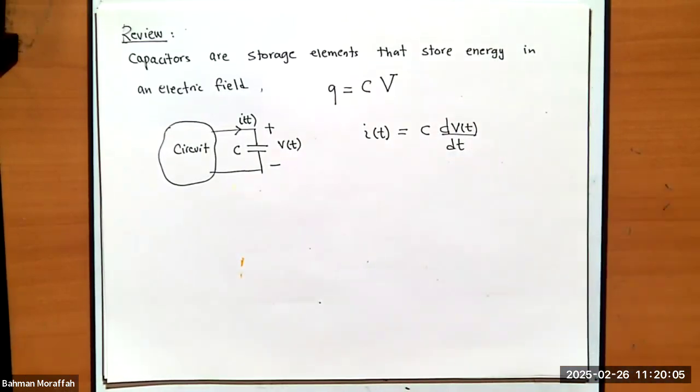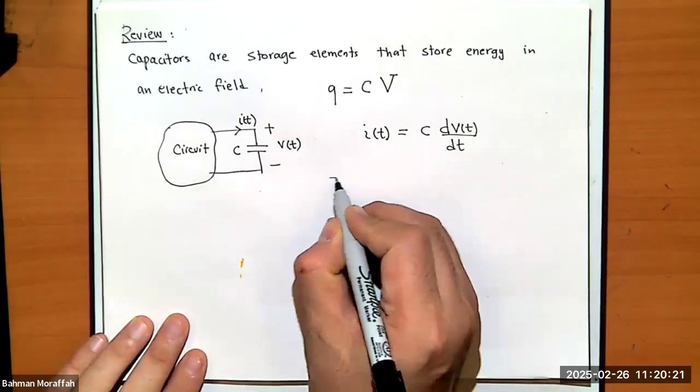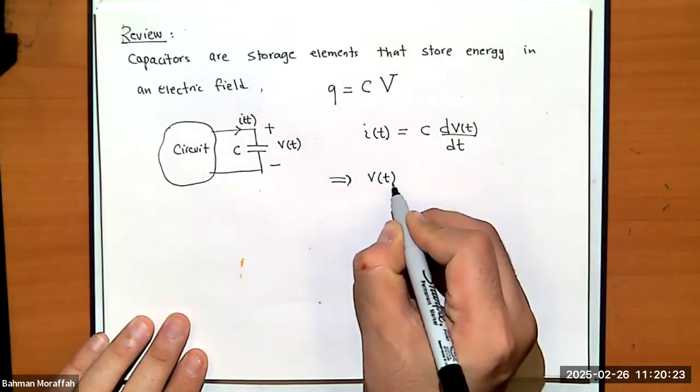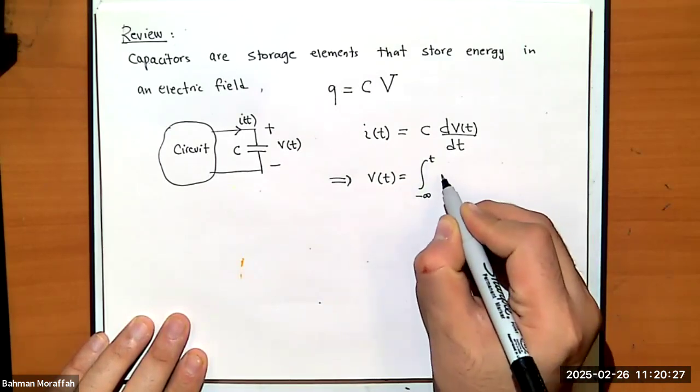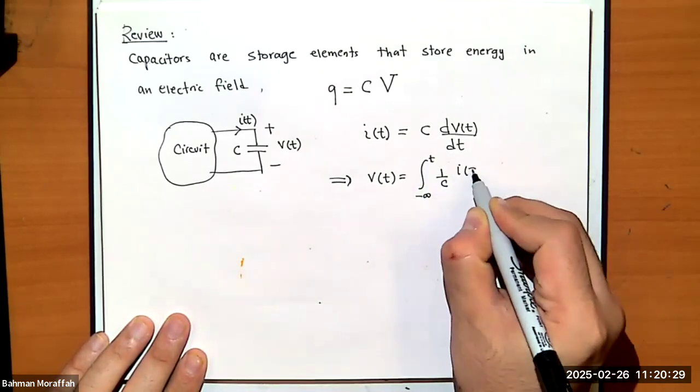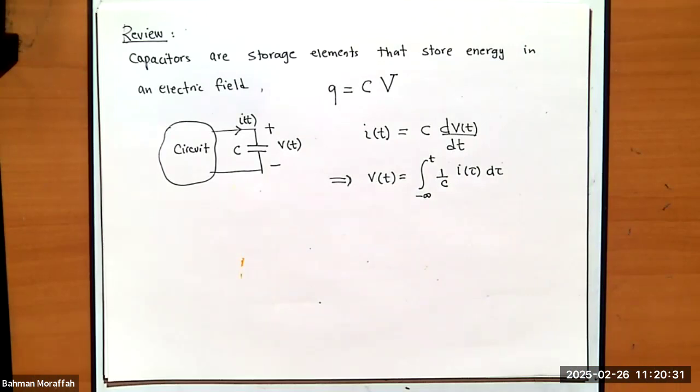So the relationship between I and V is through a derivative. And we said, since we know derivative is a linear operator, we can find the inverse of it and find the relationship between V and I, which we wrote v(t) as integral from minus infinity to t, 1 over C i(tau) d tau.